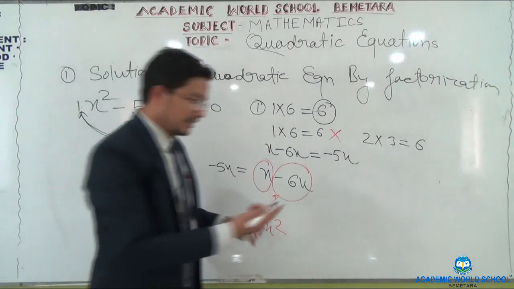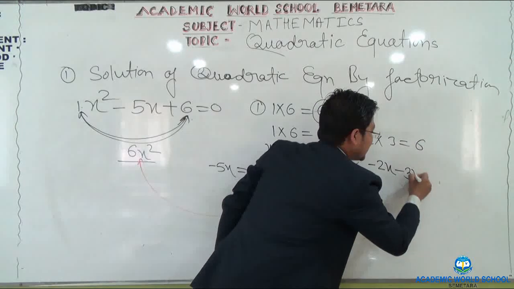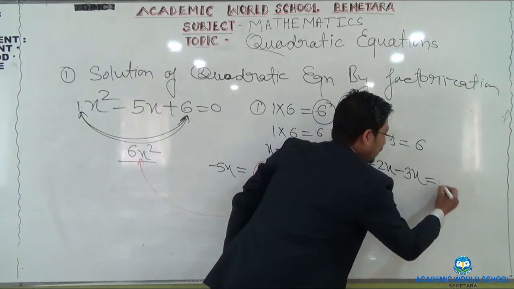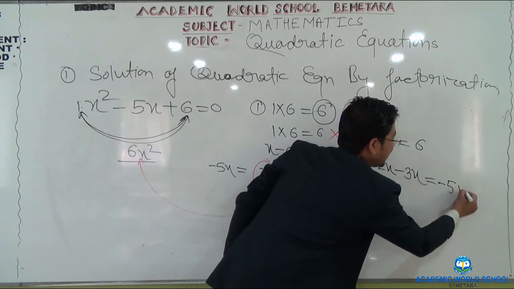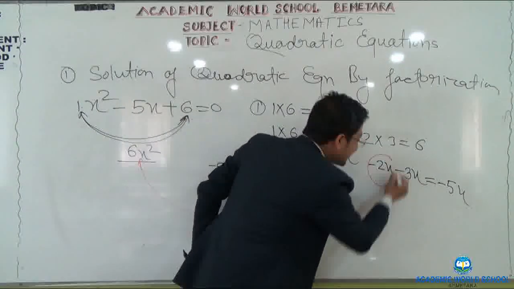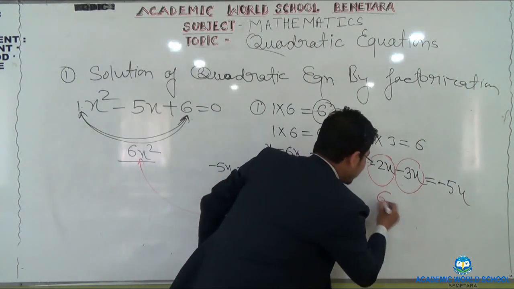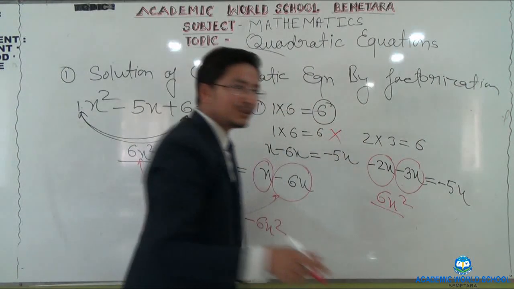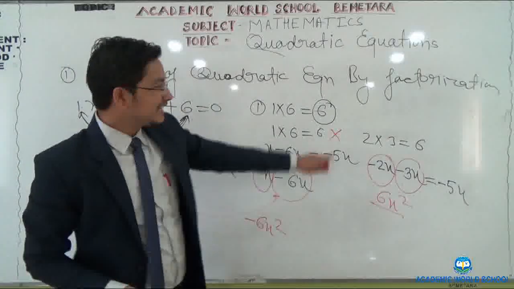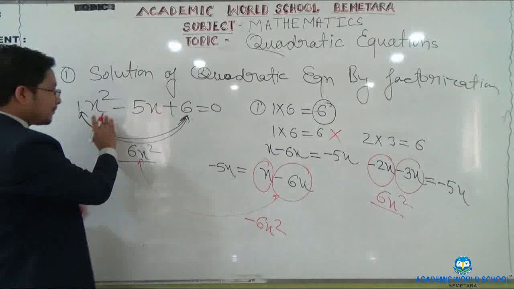So how should I write? I will write this as minus 2x, minus 3x, and then I will get minus 5x. And if I multiply minus 2x and minus 3x, I will get, of course, 6x square. So therefore students, this is the correct factorization of 6 which we have to apply over here.